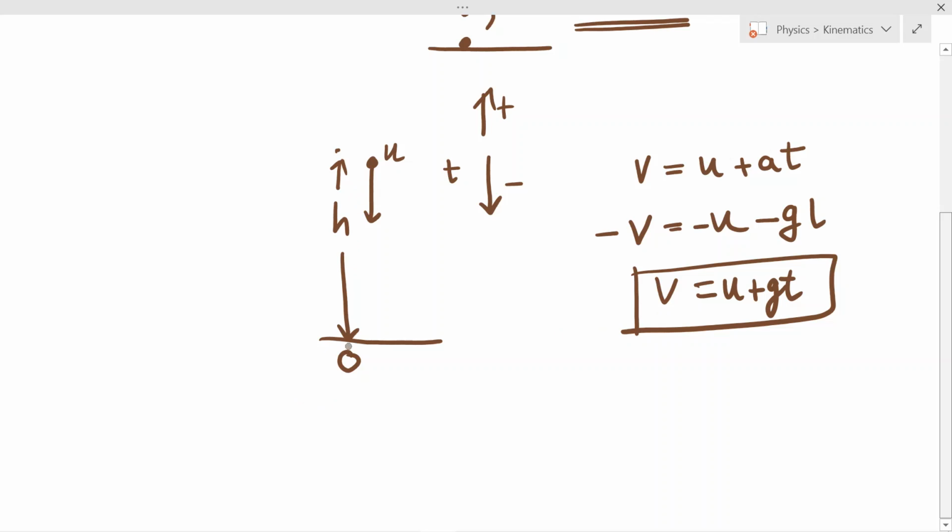Now let's say what is the displacement? Displacement is xf minus xi, that is final position minus initial position. So this is my s. So this will be final position is 0 minus initial position h, so this becomes minus h.